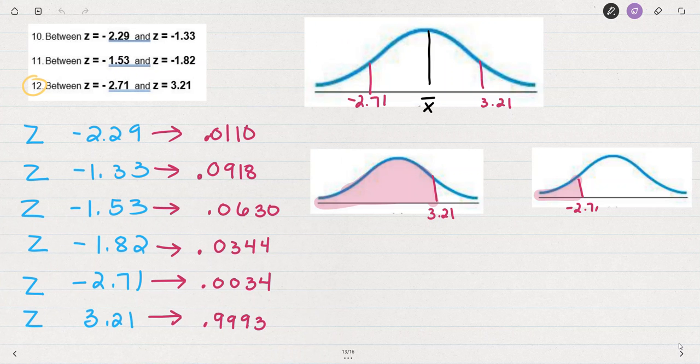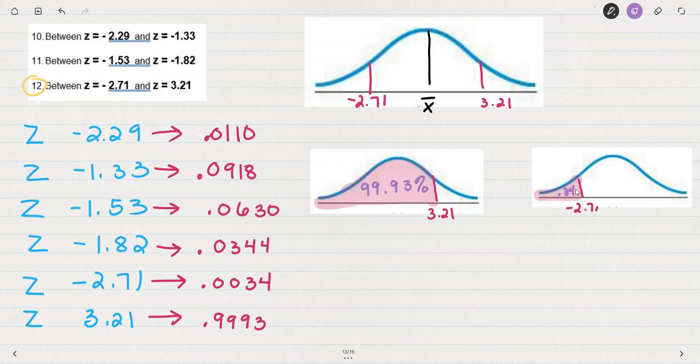Do you see why you subtract though? For this z-score of 3.21, when I read that from the chart, what the chart is telling me is that 99.93% of the data falls to the left of 3.21. And the 0.34% of the data falls to the left of negative 2.71.